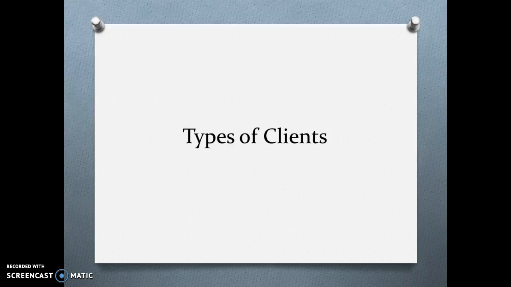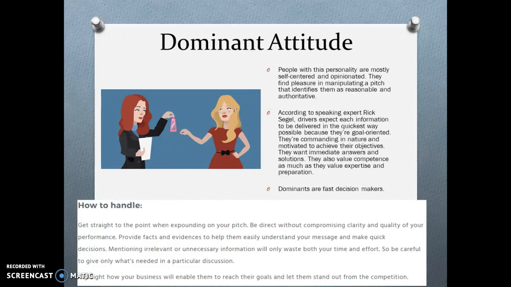Okay. So the types of clients, we already did this in class. Dominant people with this personality are mostly self-centered and opinionated. They find pleasure in manipulating a pitch that identifies them as reasonable and authoritative.